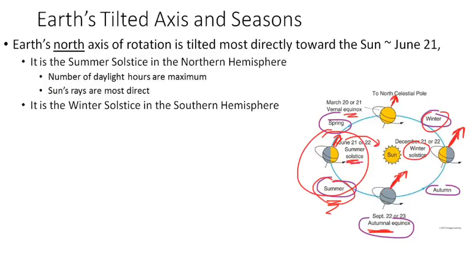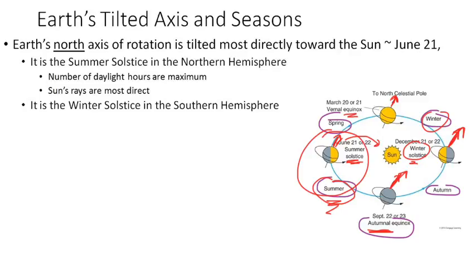We have two solstices, the summer solstice and the winter solstice. And those are the extremes when the Earth's axis of rotation is leaning towards or leaning away from the sun because of its tilt. So when the axis of rotation changes as the Earth orbits the sun, a number of things change.